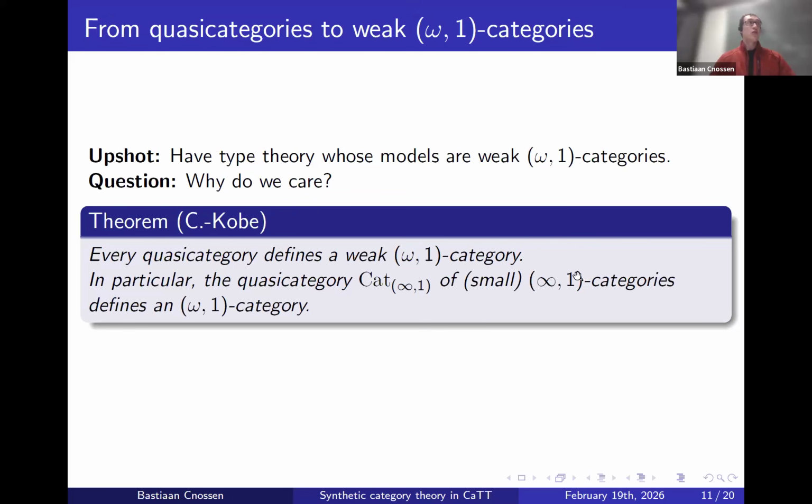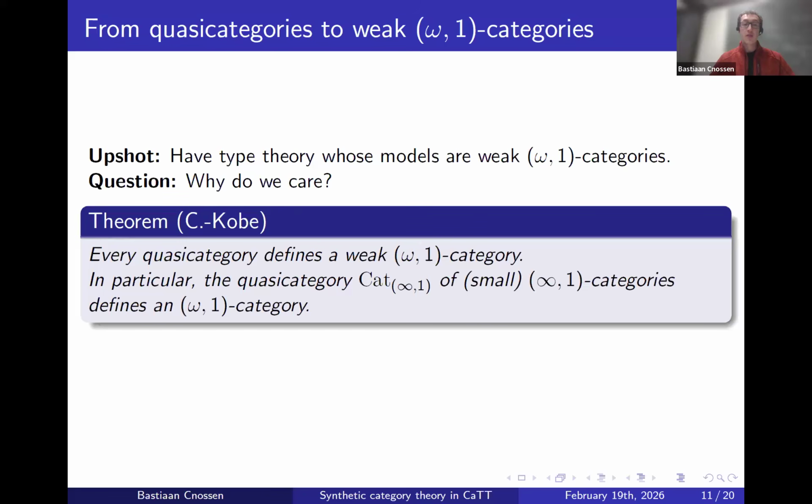Both of these notions aim to describe infinity-one categories, but they do it in quite different ways. In a quasi-category, you just ask for lifting conditions. You say you can find certain lifts, whereas in a weak omega-1 category, you're given all the structure. It needs to be provided already.